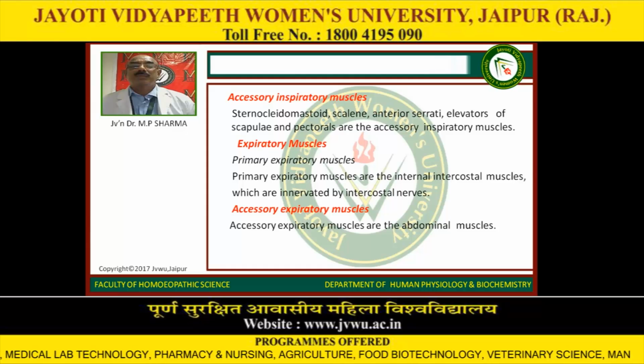Primary expiratory muscles are the internal intercostal muscles, which are innervated by the intercostal nerves. And finally, accessory expiratory muscles are the abdominal muscles.